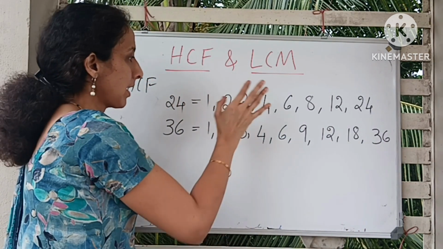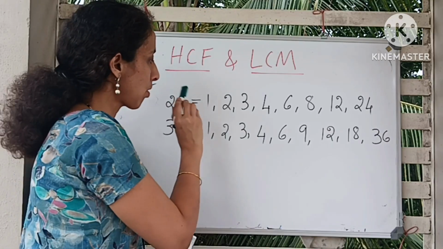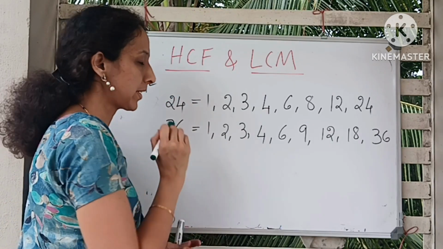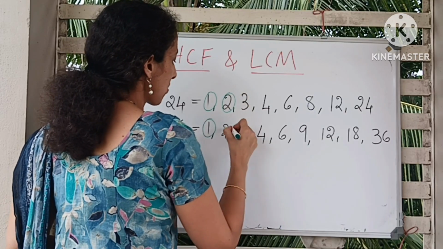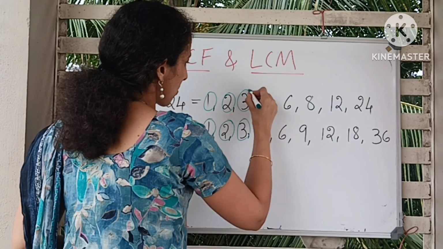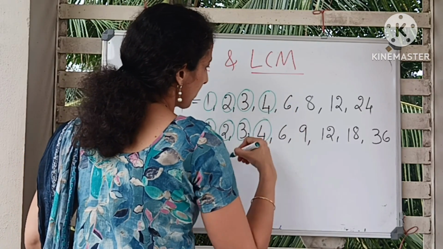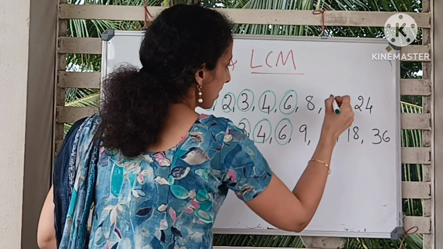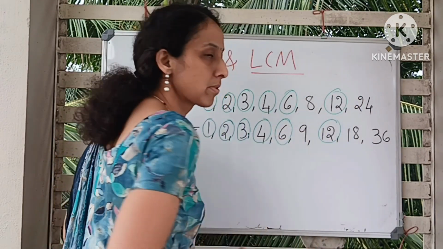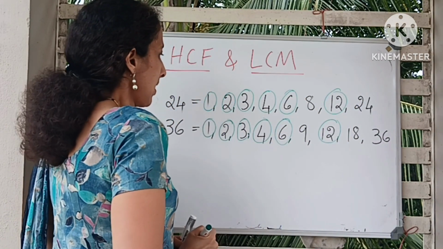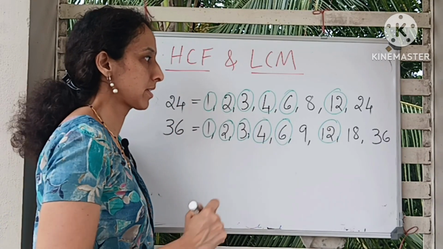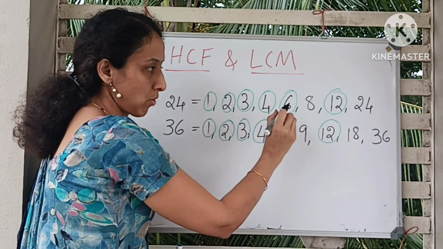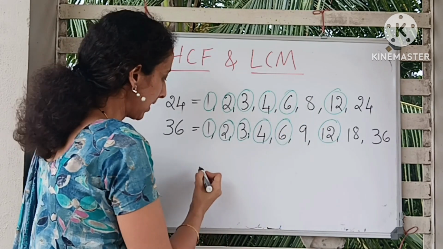So among these, which are the common factors of 24 and 36? 1 is common, 2 is common, 3 is common, 4 is common, 6 and 12 are also common. Among all these, which one is the highest common factor? That is 12.